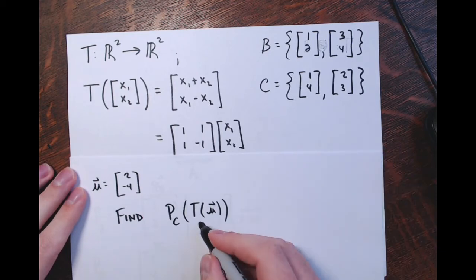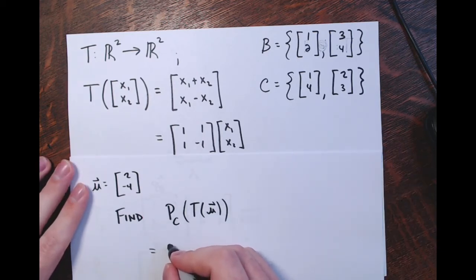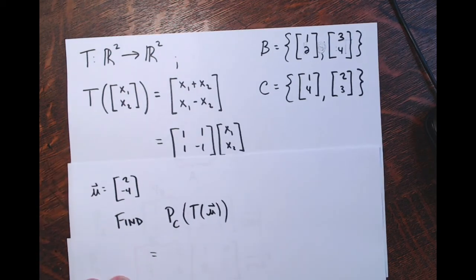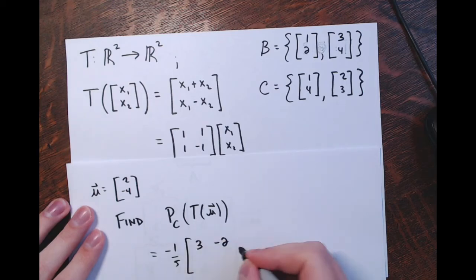So T of u. Now PC I know, that'd be I found that earlier. That's just negative 1/5 times the matrix 3, negative 2, negative 4, 1. I found that earlier.